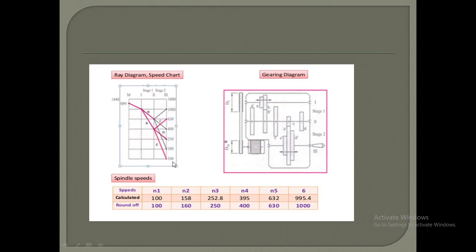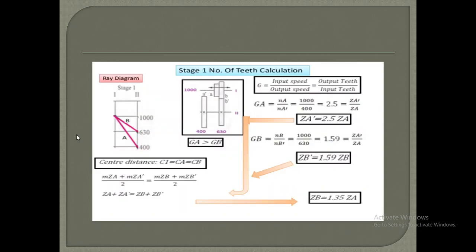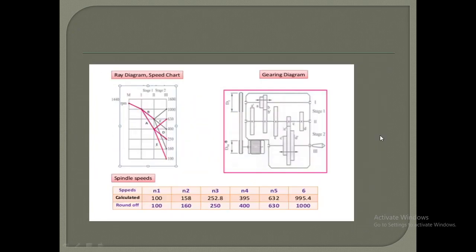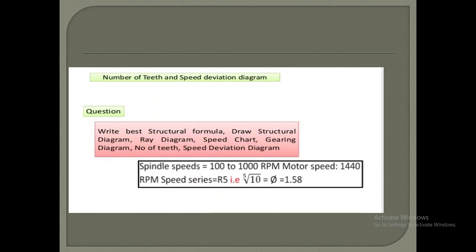These are all shown here. If you check the spindle speed given, the maximum speed n max is 1000 rpm, and the motor speed given is 1440, which is greater than n max.